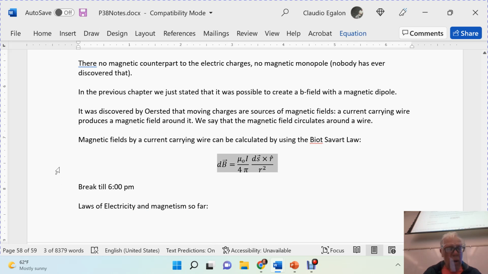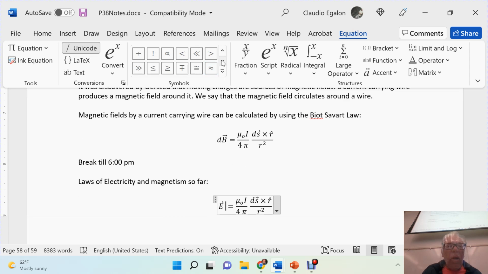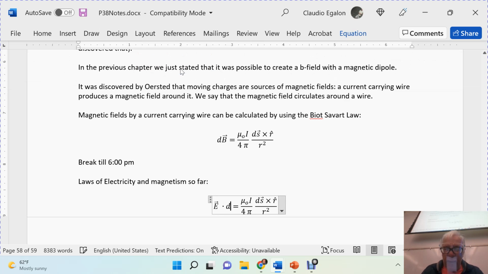Okay, the first one that we saw was the Gauss law. Here you go. E dot dA, remember that? Here you go.